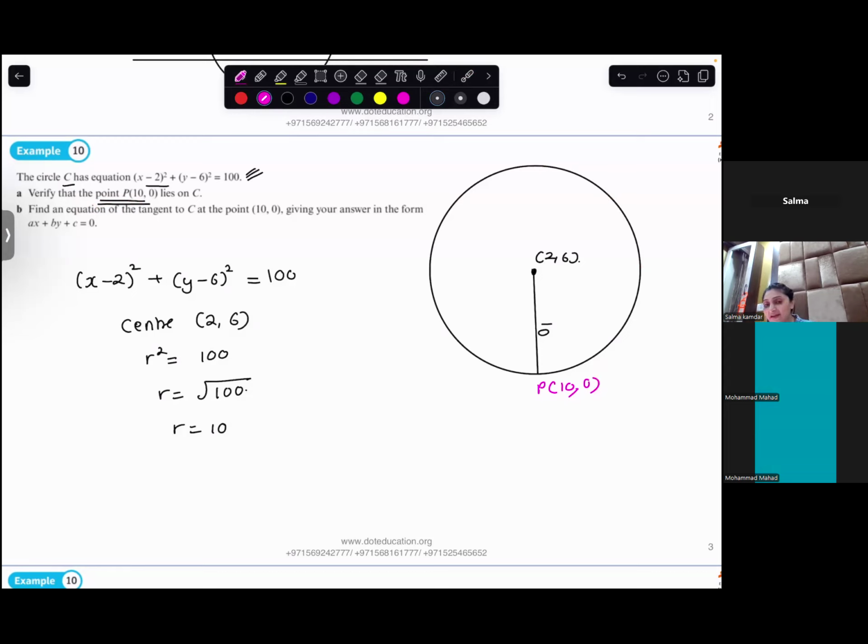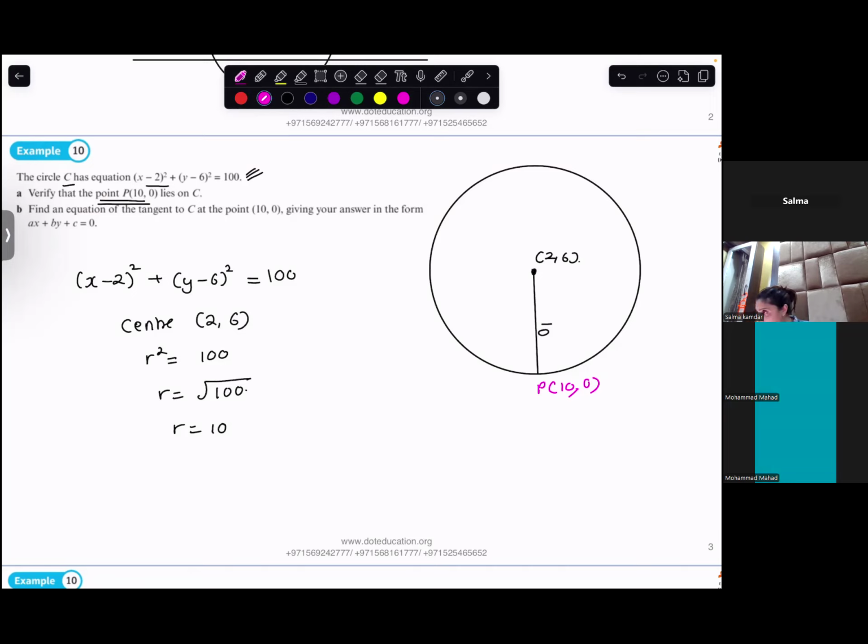How can you verify that the coordinate of that point P lies on the circle? We need to plug this value into the circle equation.